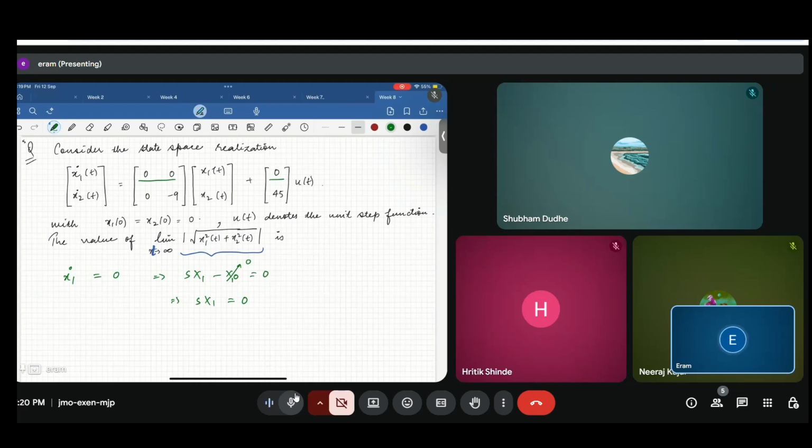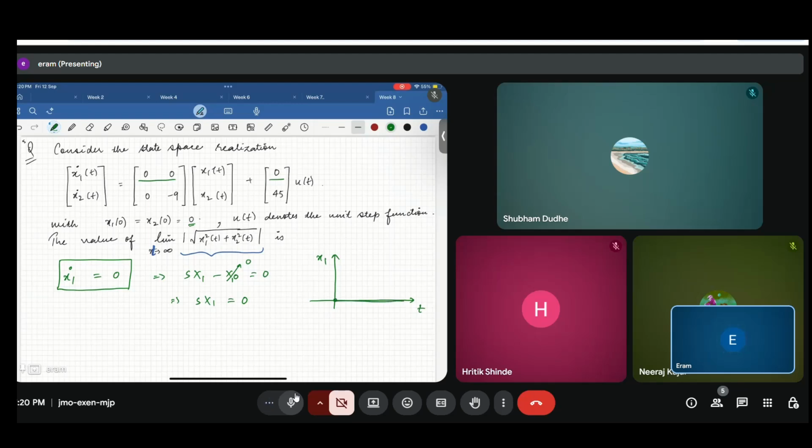What does it mean? It means that if you plot x1 with t, its derivative is 0, so x1 is going to be constant. Constant means it will remain at the same value from where it started. We have the initial condition as 0, so x1 will remain 0 for all time.